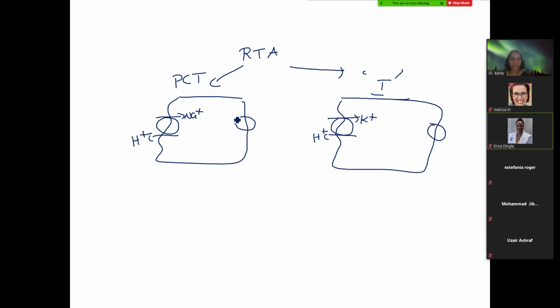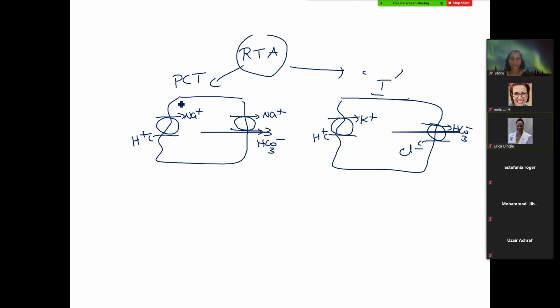In the PCT, it's the sodium 3-bicarbonate co-transporter. You remember this? Whereas in the I cell, it is the bicarbonate chloride exchanger. So it will depend on which type of renal tubular acidosis it is. If it is renal tubular acidosis where the PCT is affected, then acid cannot be excreted.